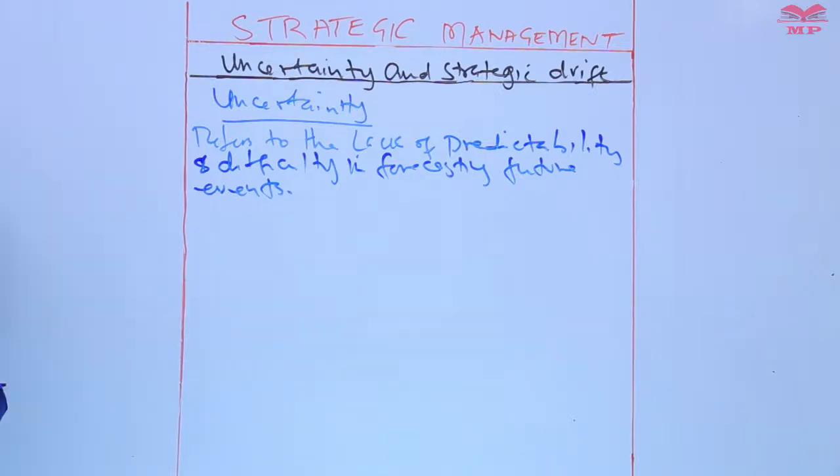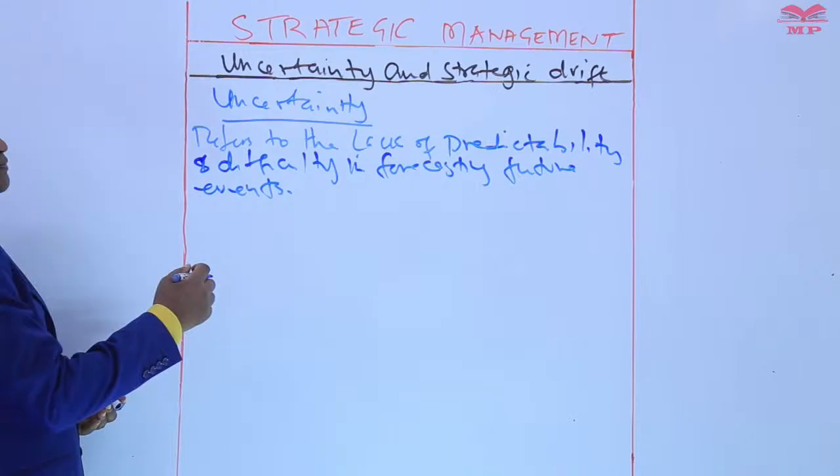And I've said that this unpredictability can arise from various factors like the external environment.